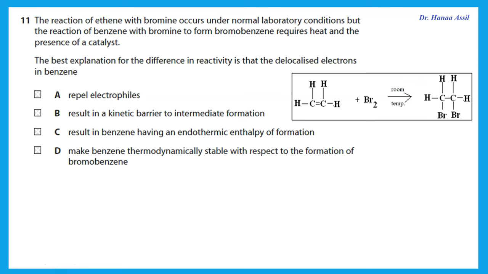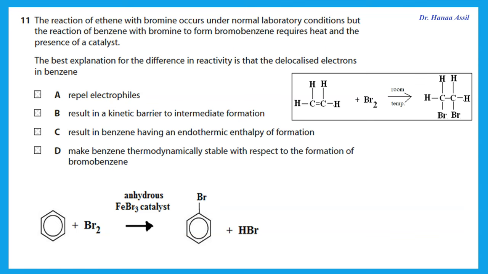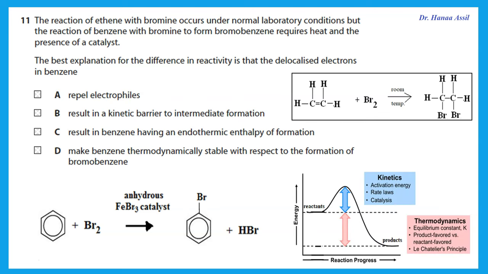This is addition reaction of alkenes. But when we do benzene, we said reaction of the benzene with bromine requires anhydrous iron 3 bromide as a catalyst and heat. Now, why is that?